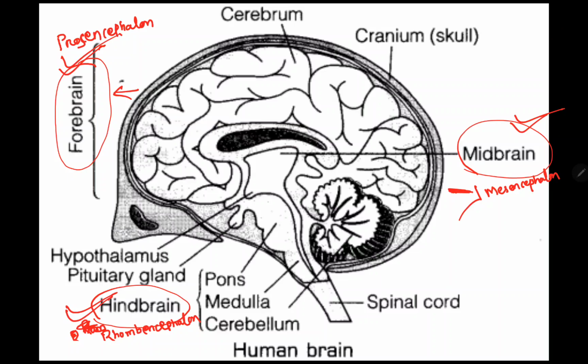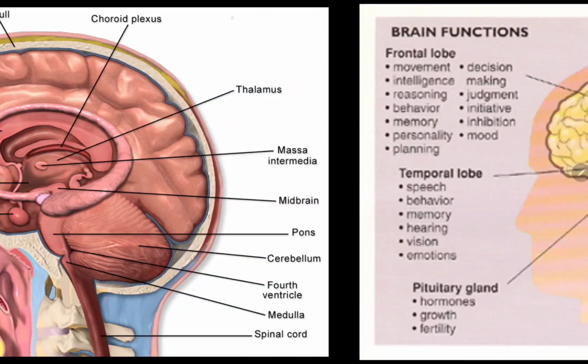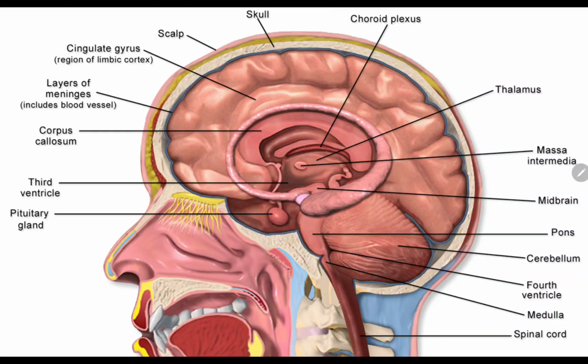Now this brain is enclosed within a skull. This skull provides the frontal, lateral and dorsal protection to the brain. This skull bone is not a single bone.